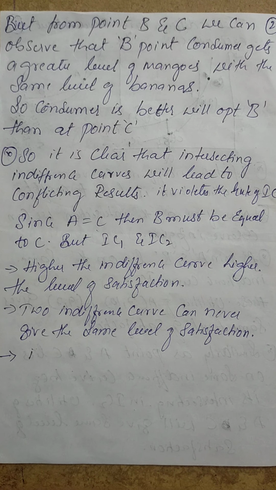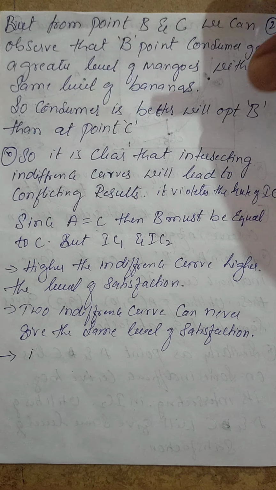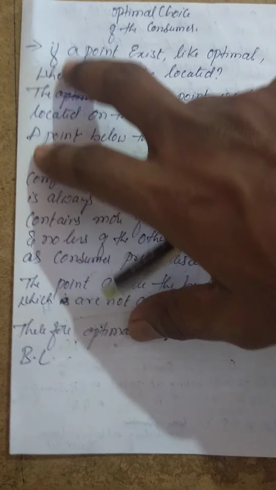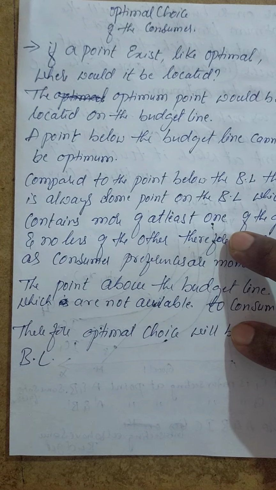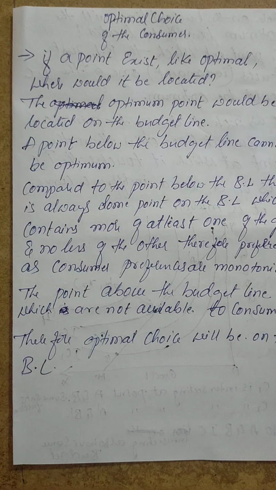Now, moving on to the most important topic, which is called optimal choice. So what is this optimal choice? Optimal choice is very clear, since consumers are rational in nature, isn't it?